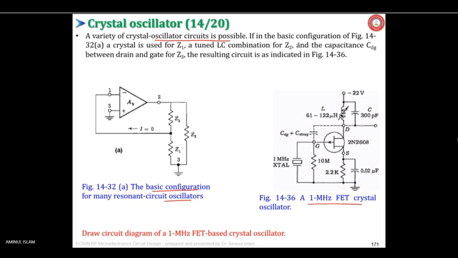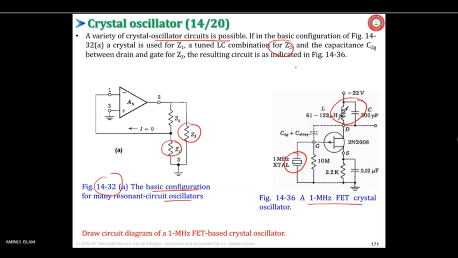If in the basic configuration of figure 14-32, a crystal is used for Z1, a 1 MHz crystal is used for Z1, and a tuned LC combination is used for Z2.